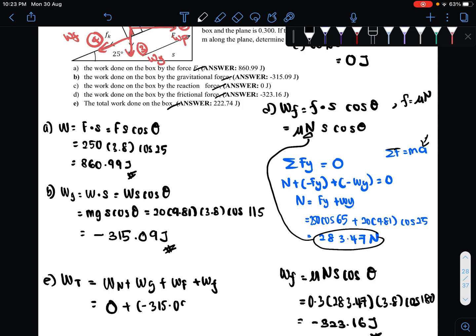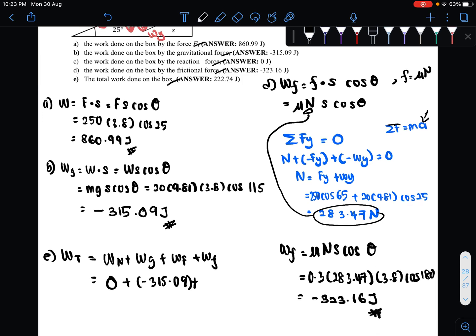Gravity gives you tadi negative 315.09. Plus external force tadi adalah 864.99. Plus work done by frictional adalah negative 323.16.